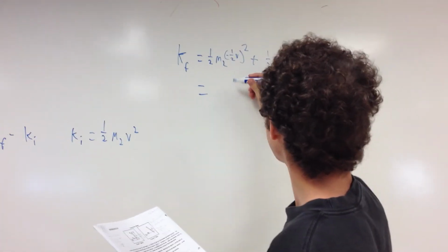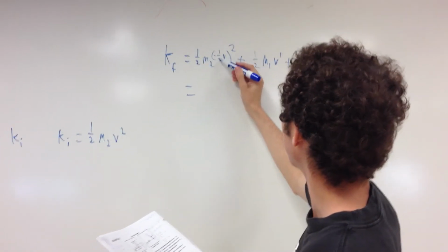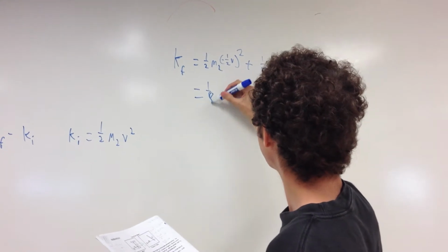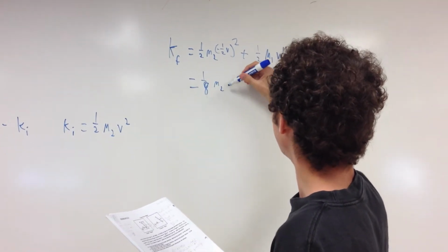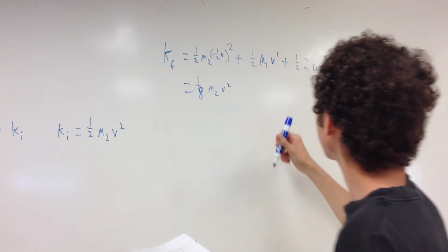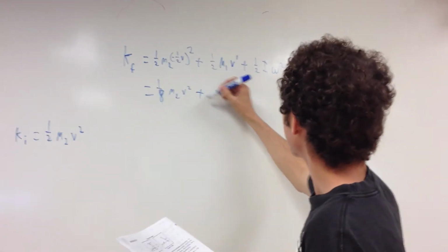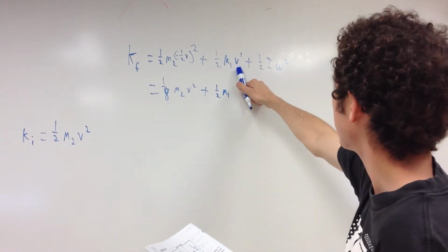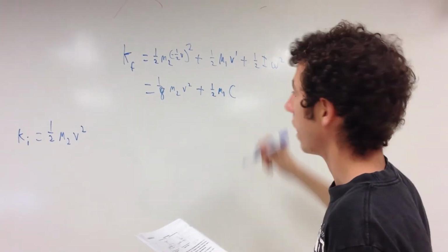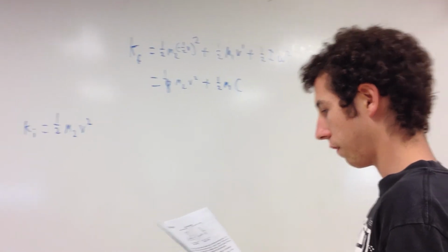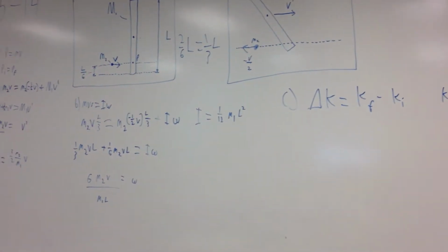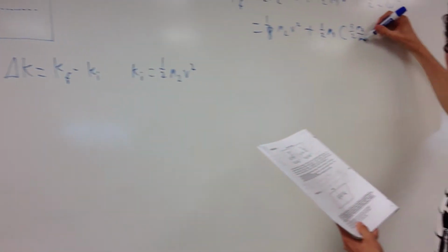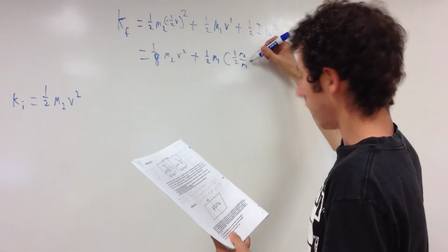So this is going to turn into, so 1/2 squared is going to be 1/4 times 1/2, it's going to be 1/8 m2 v squared plus 1/2 m1. Now I'm going to substitute in my v prime, which I already solved for as 3/2 m2 over m1 times my v.